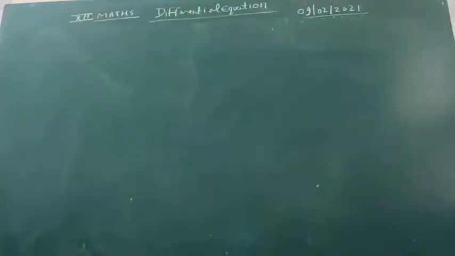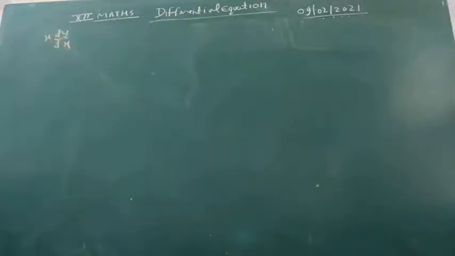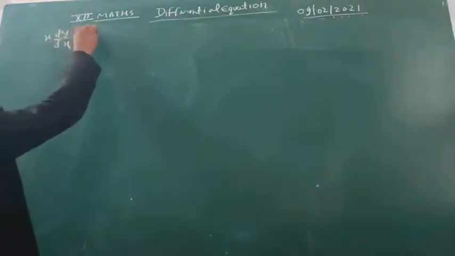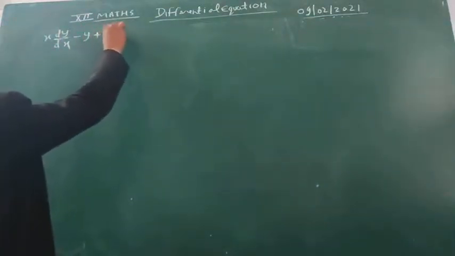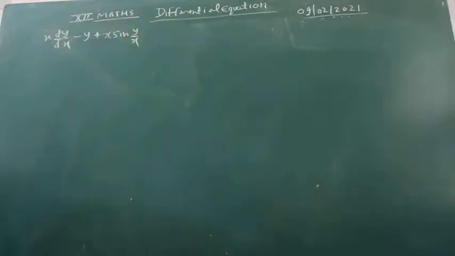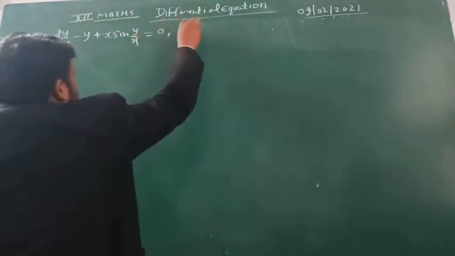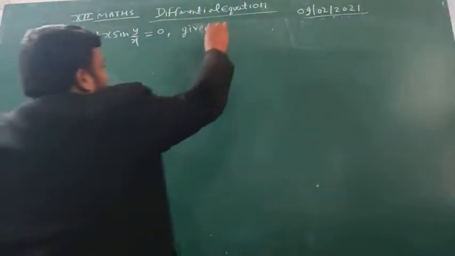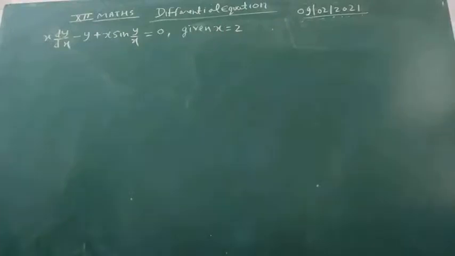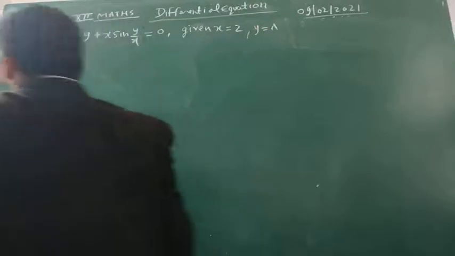So next question, students: x dy by dx minus y plus x sin y by x is equal to 0, given that x is equal to 2 and y is pi.